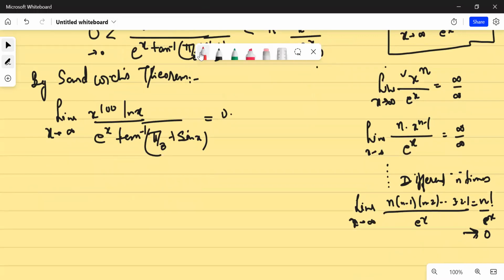Okay, so try to do this question meanwhile. This is another question. Try to evaluate this limit.